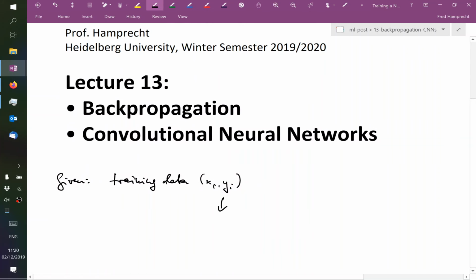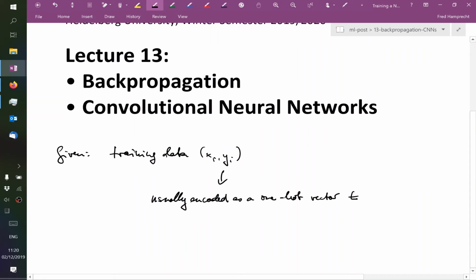So this is usually encoded as a one-hot vector. Let's call it a T here, T for target, so we have a Ti instead of a Yi.